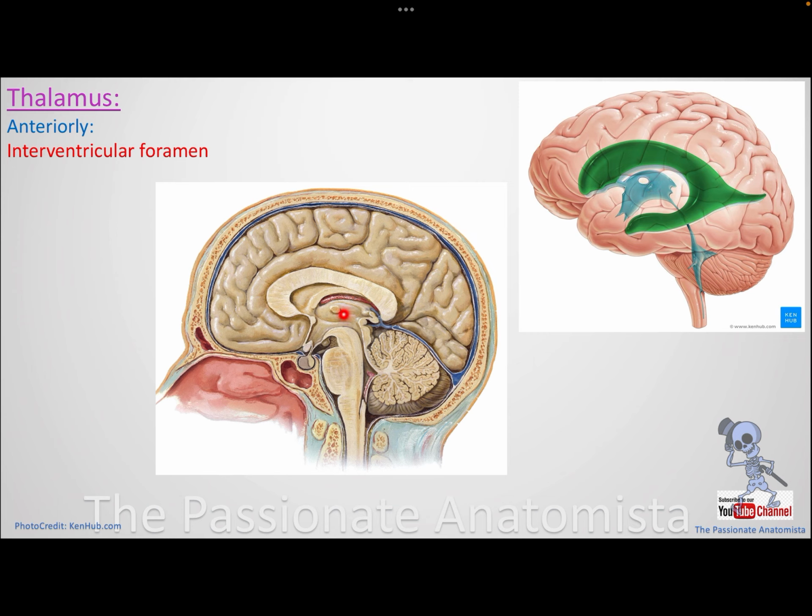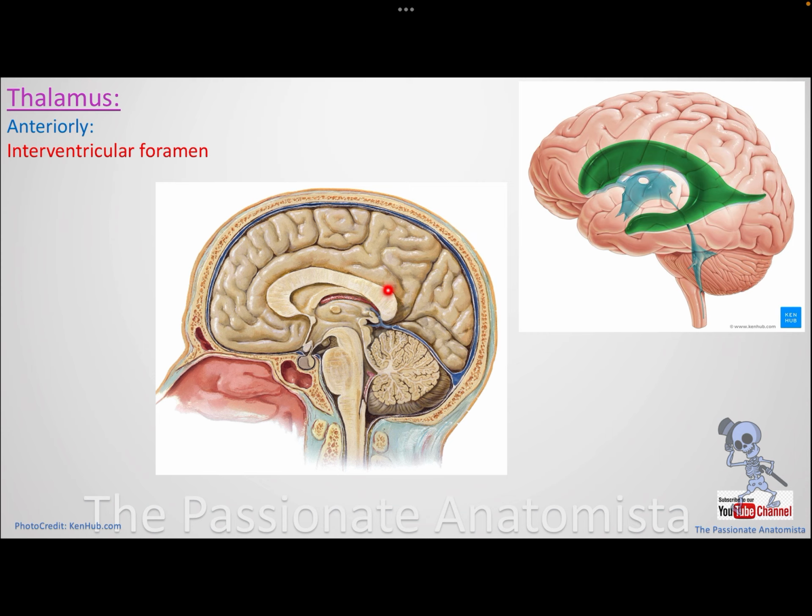Okay, so what would be the relations of the thalamus? If I told you that you are here in the thalamus, and you are surrounding the third ventricle, what's going to be in front of you is what we call the interventricular foramen. Remember that we have a foramen that is a communication in the third ventricle, and already you know that the third ventricle is a space in the thalamus.